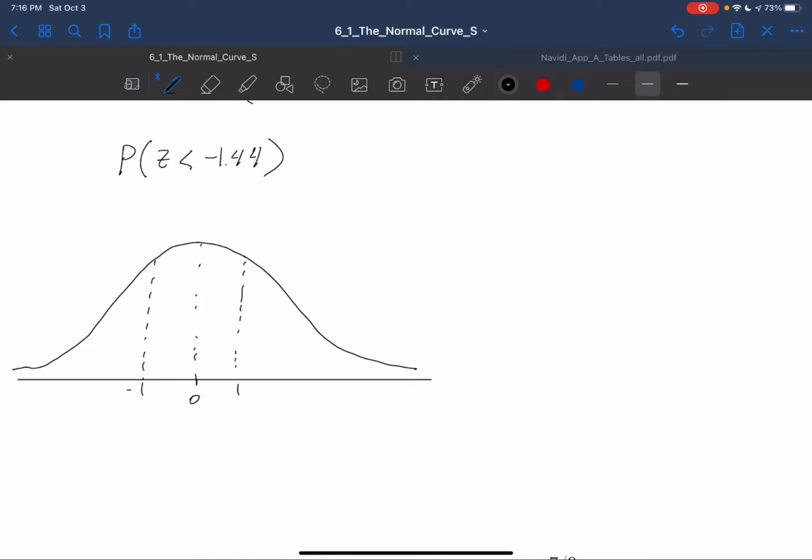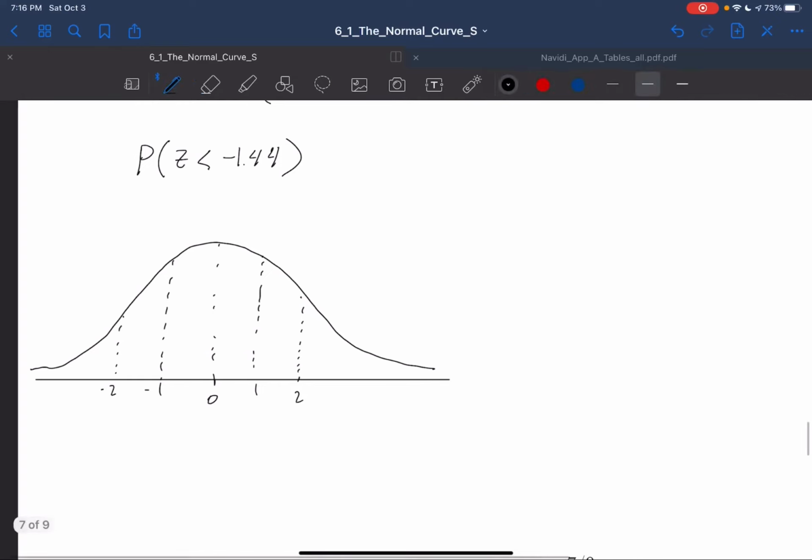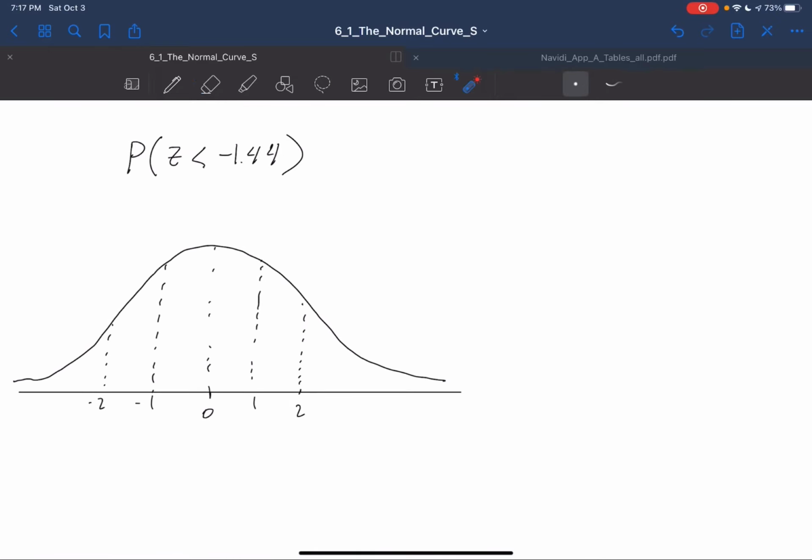There's negative 1, negative 2, and this is also 2. Okay, so then we want to look at where negative 1.44 is roughly. It's going to be around here.